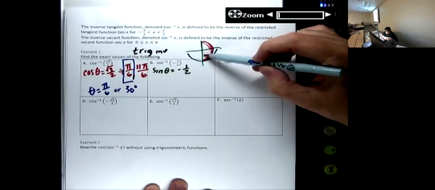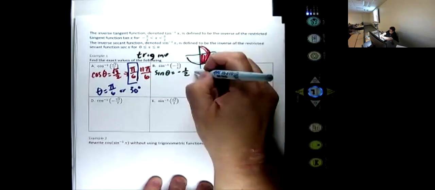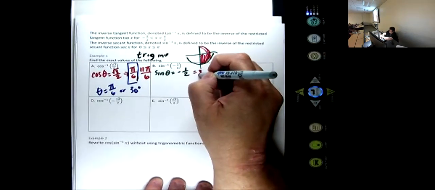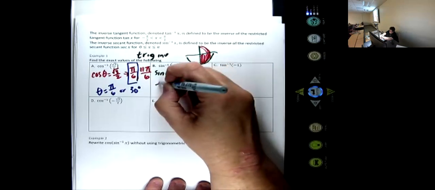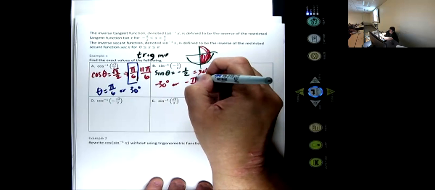So this is the region we're looking in. And 1/2 is related to the 30 degrees. So this would be negative 30 degrees or negative pi over 6. Not 330 degrees or 11 pi over 6, which is the equivalent if you go around the circle, but they're not in the domain of sine inverse.